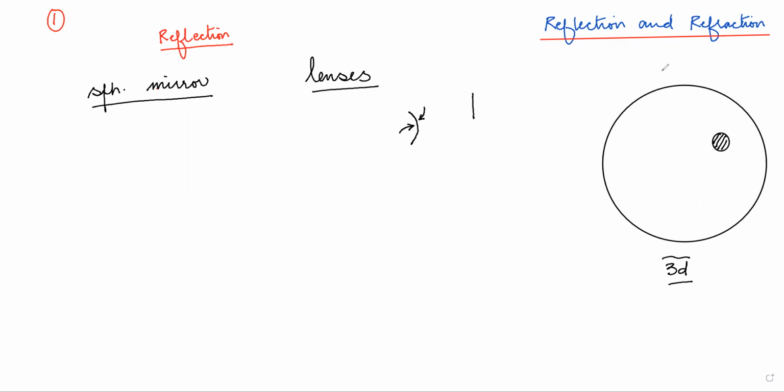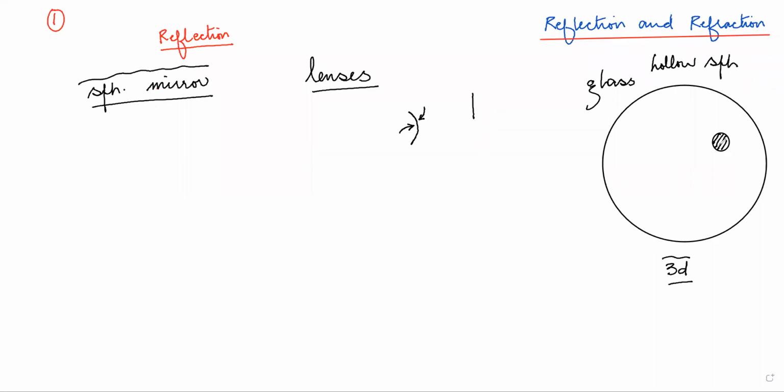Now students, imagine that this is a hollow sphere made up of glass. Now this cut portion, circular in shape, what you get is exactly a spherical mirror.